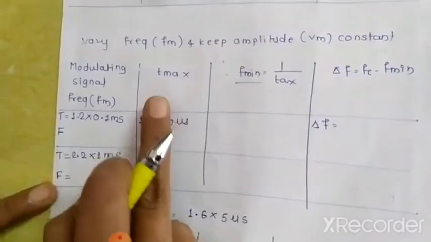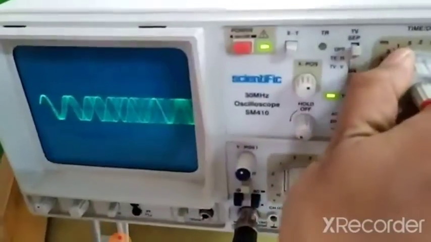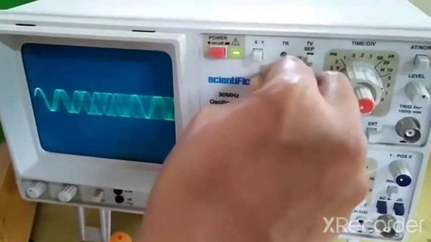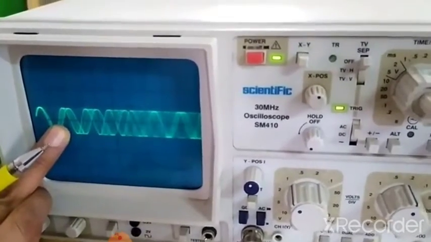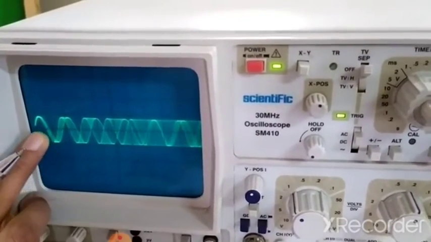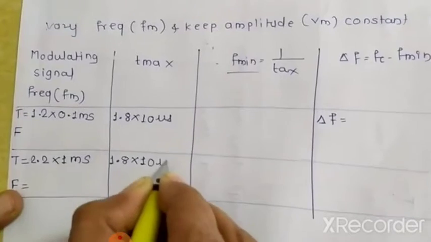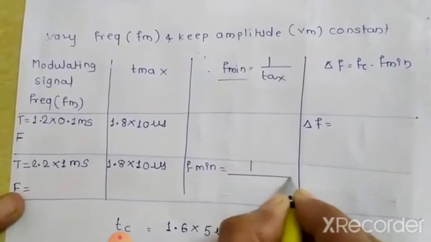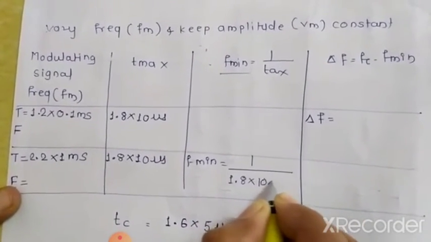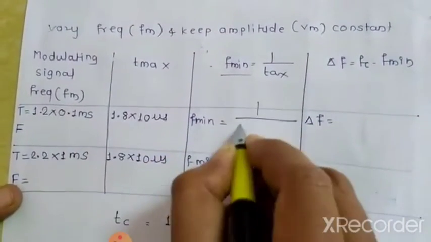If you know the value of T, you can easily calculate the value of F. And calculate the T max value. It is at 1.8 into 10 microsecond. If you know the value of F mean and Fc, you can easily calculate the frequency deviation.